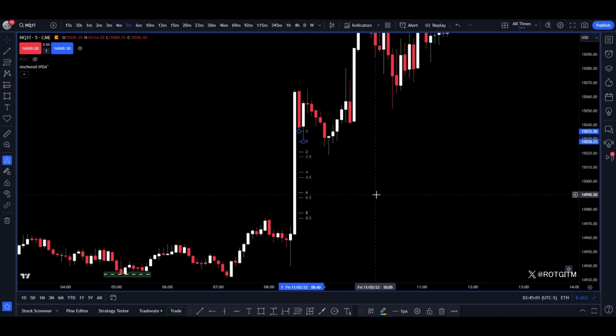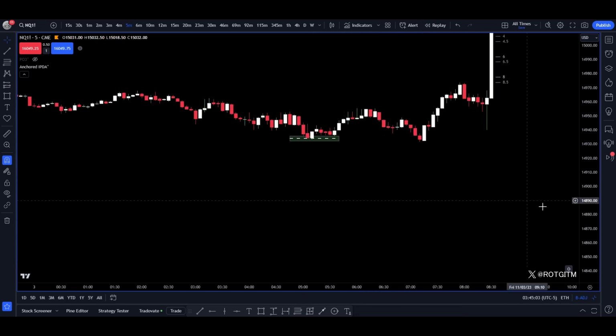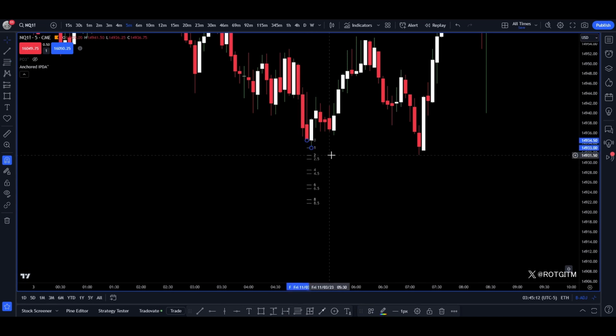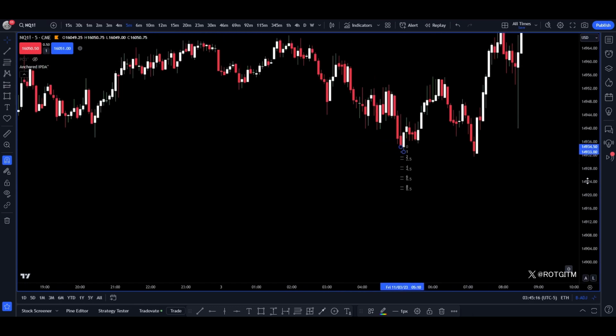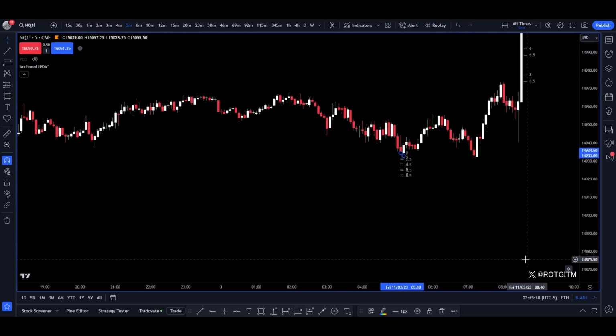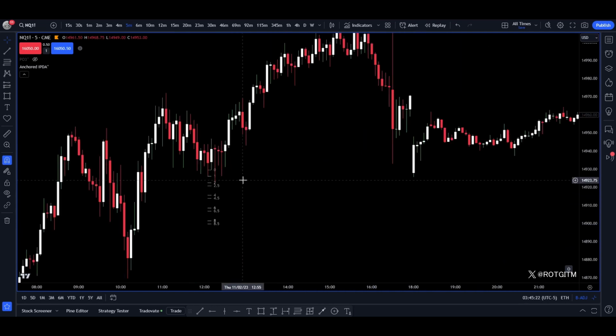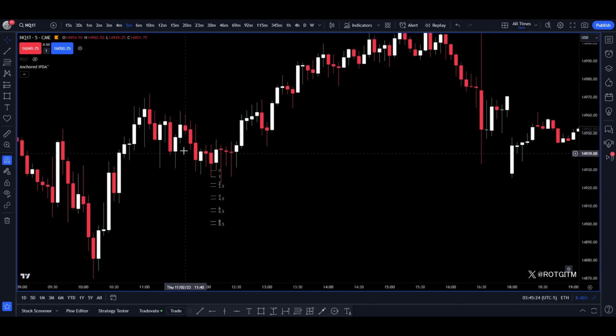2.5. This guy right here. Two standard deviation on the low before the move. Again, subsequent low, subsequent low, subsequent low.